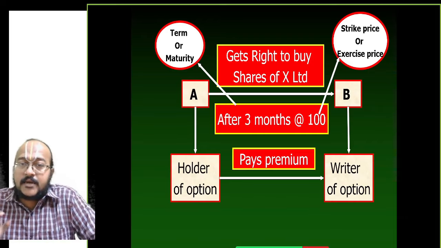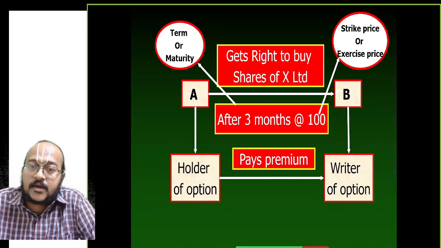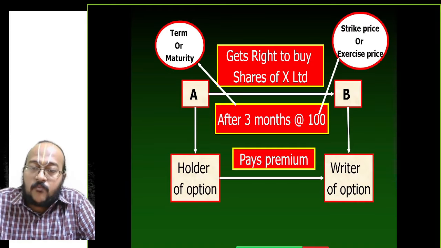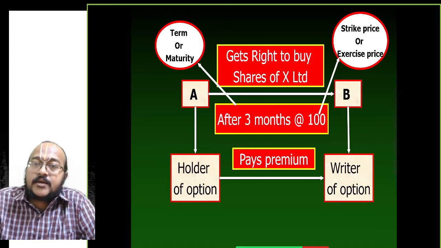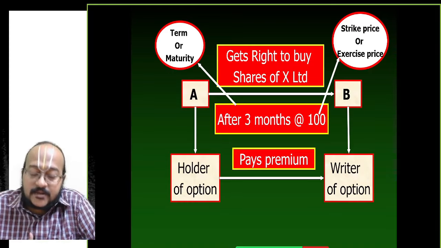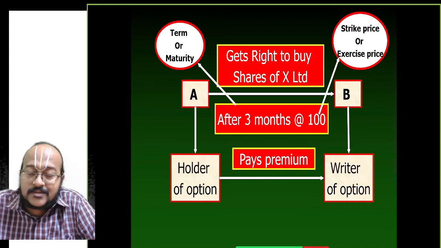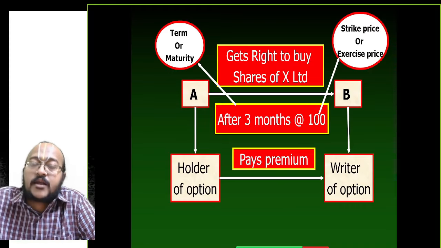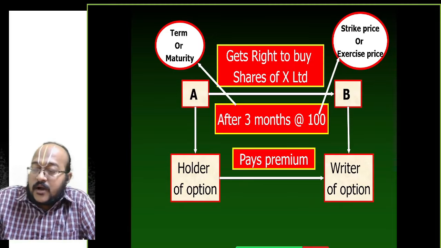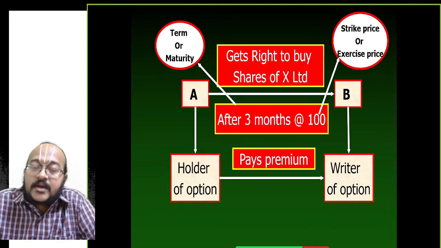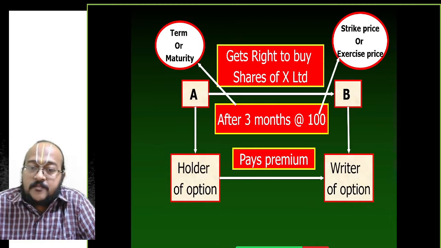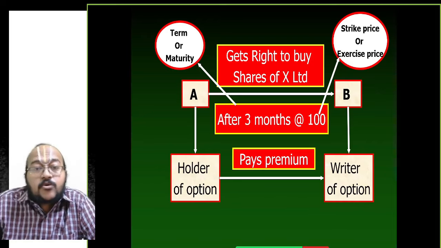Who is A? Is A the option buyer or option seller? Option buyer. What does the buyer get? He gets the right to buy the shares at an agreed upon price. This agreed upon price applies after 3 months, after some maturity period, correct? The agreed upon price is called the strike price or exercise price, the price at which you have a right to buy the shares.